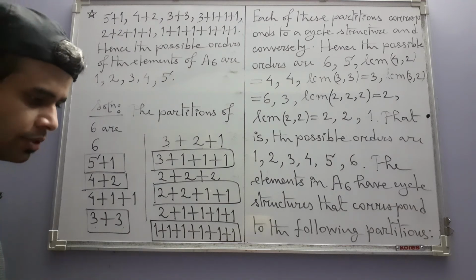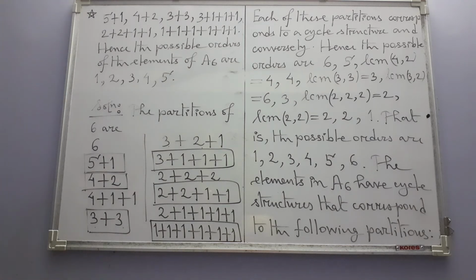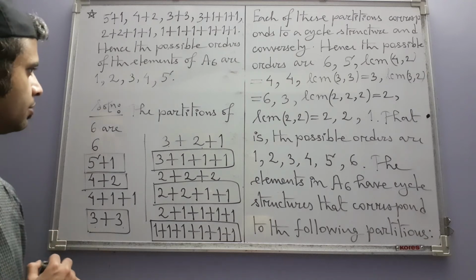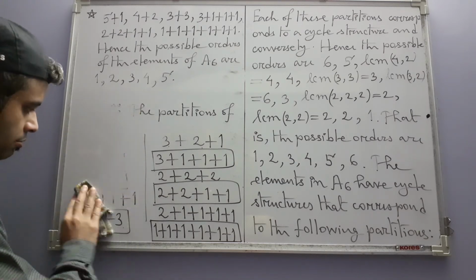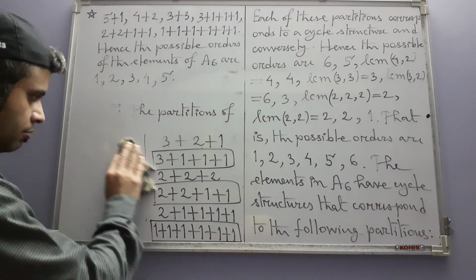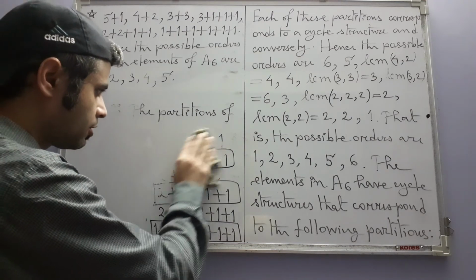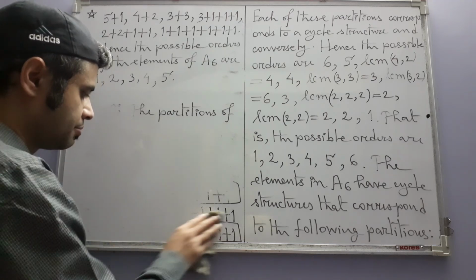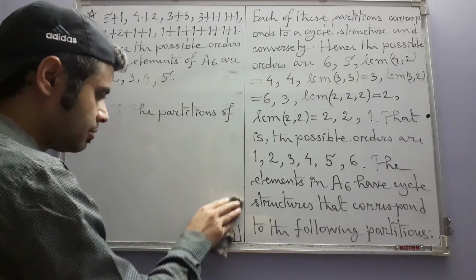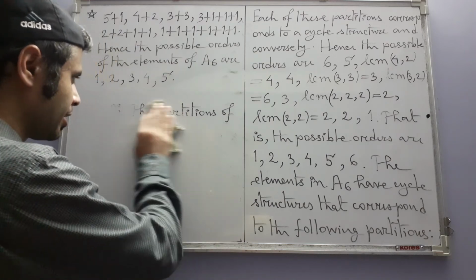For A7 we need to consider the partitions of 7. For that we will not, however, write this elaborately. We will write it in a somewhat more compact form.